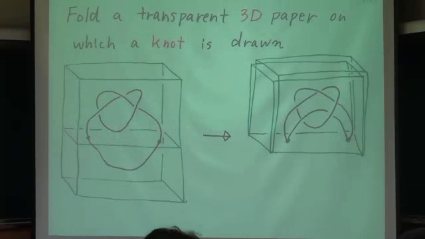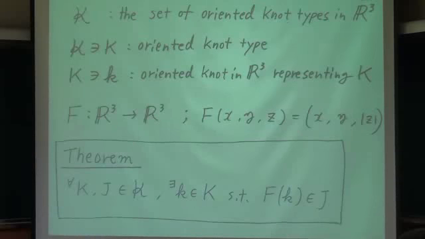Then this part is identical, but this part goes to upper like this. Since we take the absolute value, this map is modeled by this F.